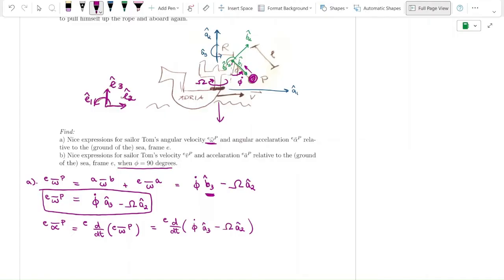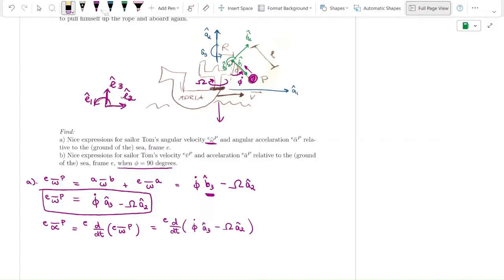So this is why I originally wanted to write this all in terms of the A frame. If I wrote in terms of the B frame, I would have to split up each of these components when I take the BKE, and that makes my life complicated, because then I have to start incorporating the omega B and E term when I do the cross product. And the A frame is also extremely close to the E frame compared to the B frame.